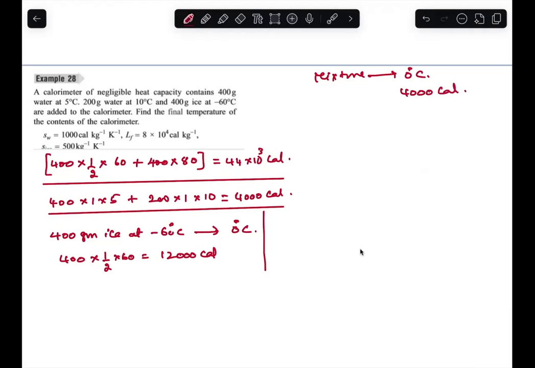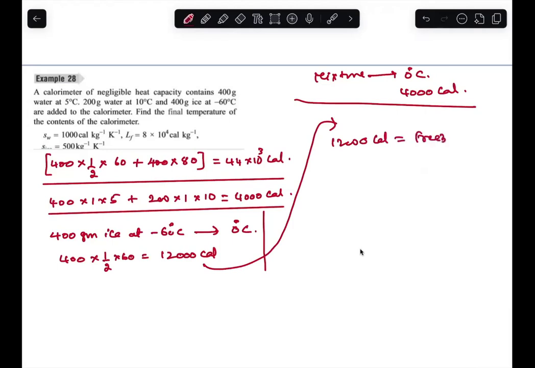Thereafter, to meet the balance 8,000 calories, what would have happened is some part of water, I repeat, some part of water, freezes. 12,000 calories is freezing plus 4,000.